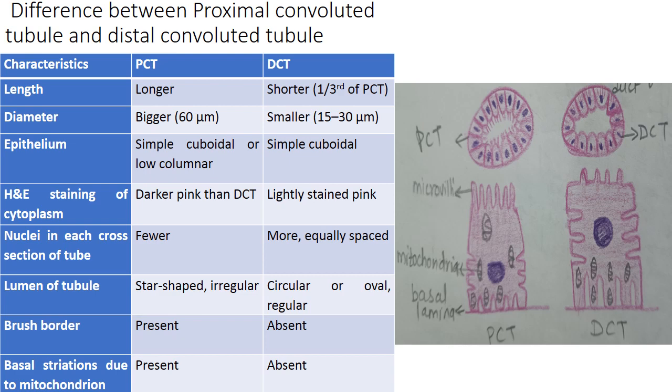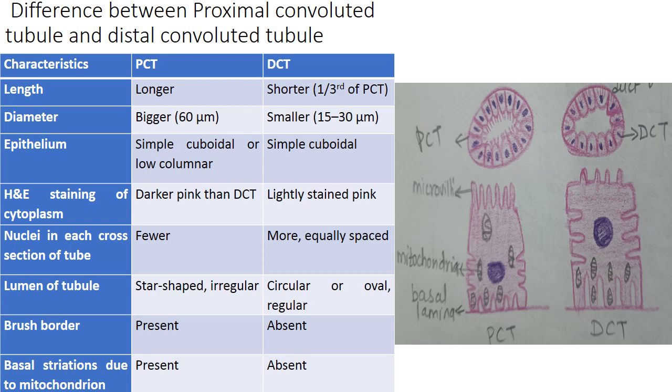Then the main difference in lining epithelium: both have simple cuboidal epithelium, but PCT has microvilli over it, and the DCT does not have microvilli. On routine HNE staining, the cytoplasm is densely stained, or darker pink, in the proximal tubule, and it is lighter in the distal convoluted tubule.